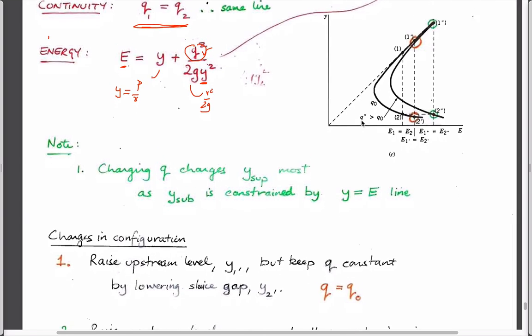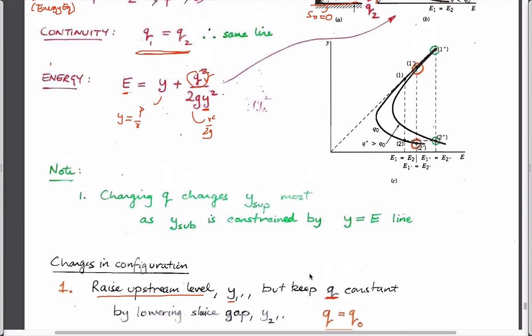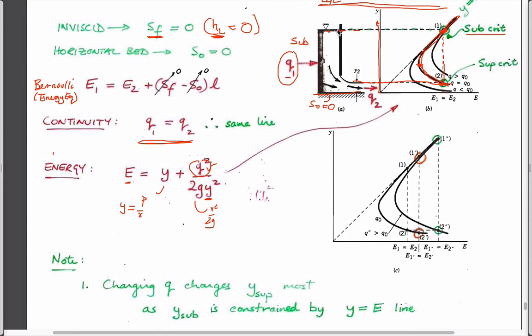Okay. So what happens now if we do two things? If we raise the upstream level in the flow. So in other words, y1 would get larger, but if we keep q to be the same value, so we don't change the value of flow, what would happen? So initially our system was here.